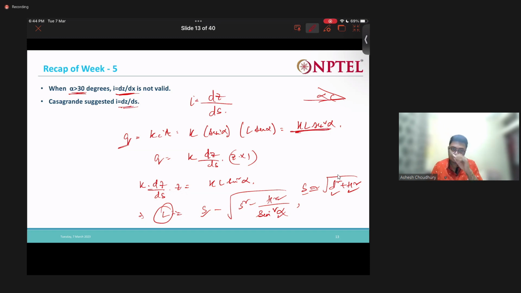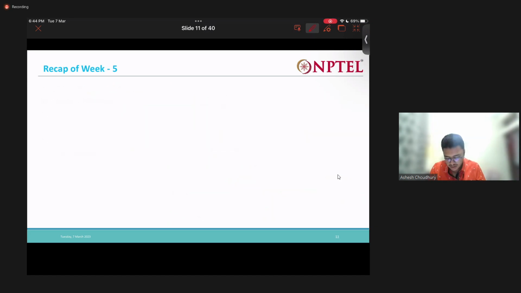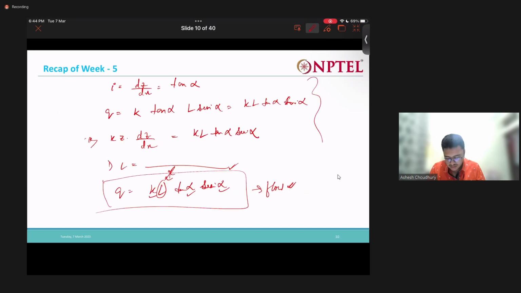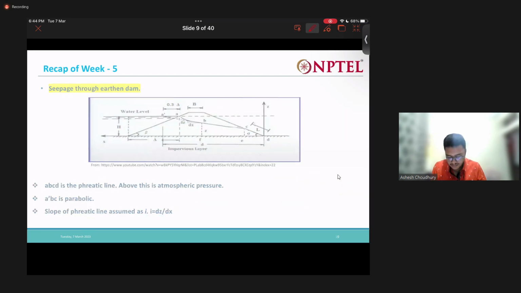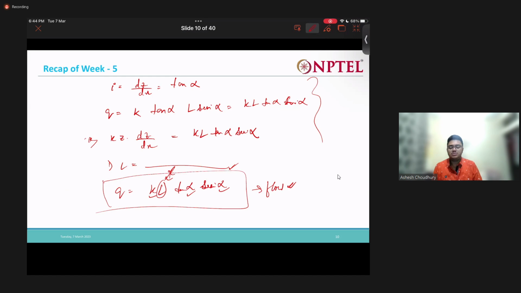Please see once how to draw a flow net in case of this kind of earthen dam. In that case my flow lines are like this, and my equipotential lines are like this. I suggest that you go through the steps of drawing a flow net for this kind of structure once. Using the flow net also you can determine these q values, these flow values.